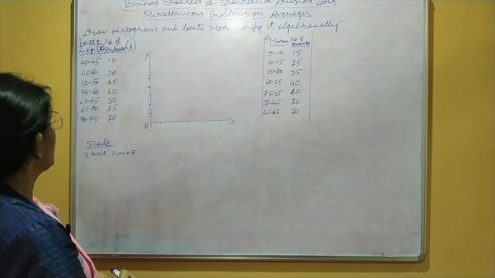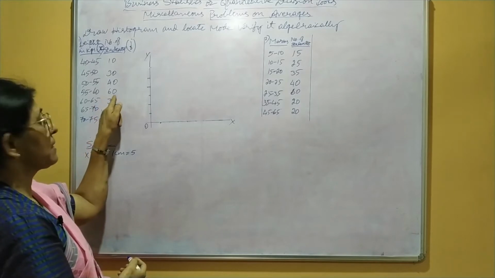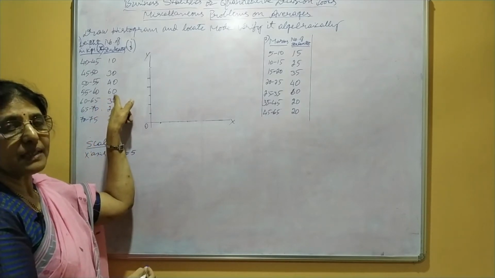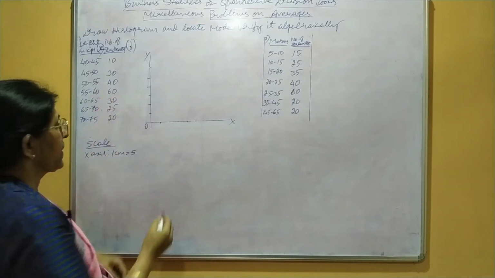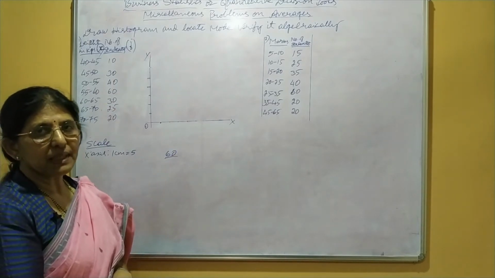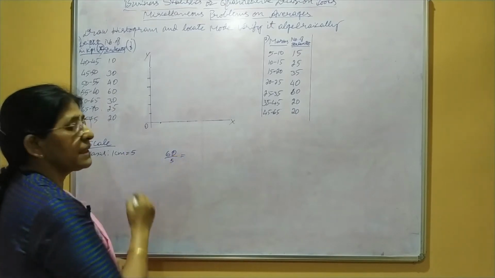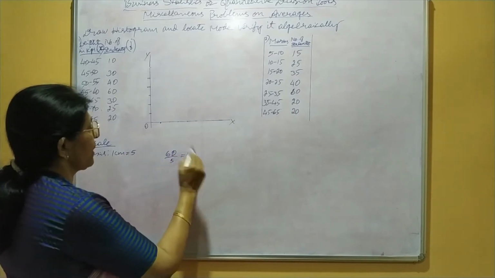Then, to decide scale for y-axis, we have to consider the highest frequency. Highest frequency is 60. Therefore, by trial and error method, you have to decide the scale. If you take scale as 5, then 60 divided by 5 means you get 12.